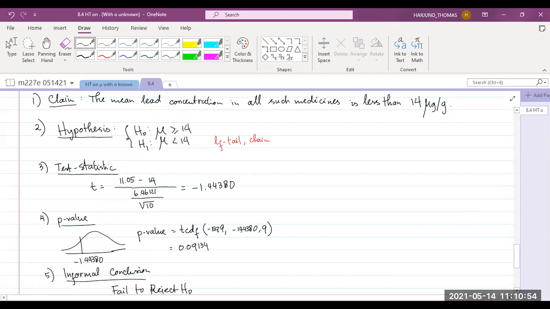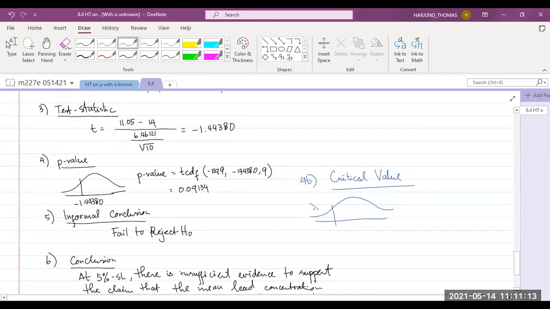Okay. And then using our calculator, let me do the critical value. I need 5% on the left-hand side. That's a left tail, so the T critical equals inverse T, area to the left 0.05, degrees of freedom 9. Why do I keep punching that one?